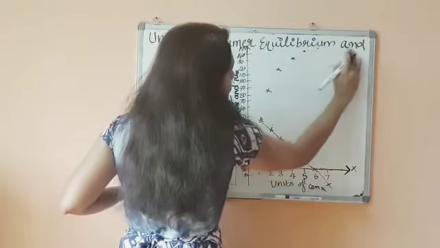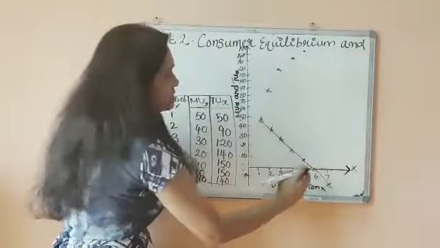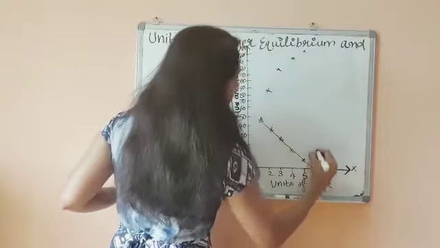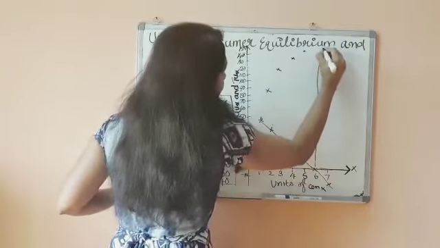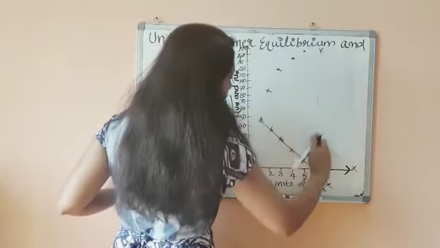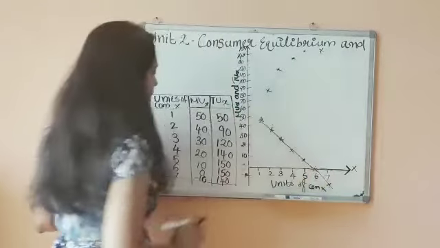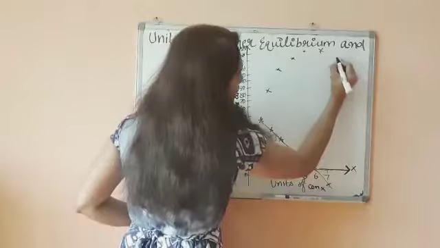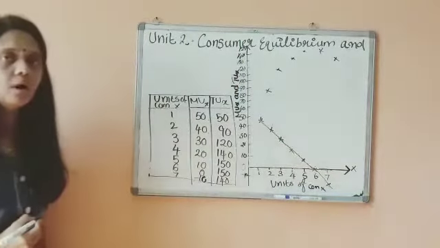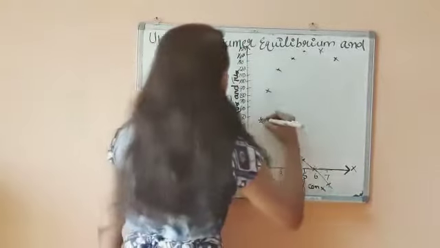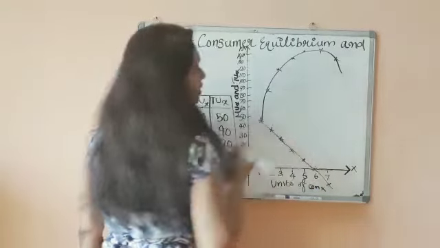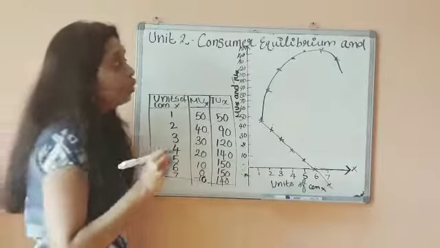Then 6 is also 150. 7 is 140. It started diminishing. Now I am going to join the dots. Now we got TUX.